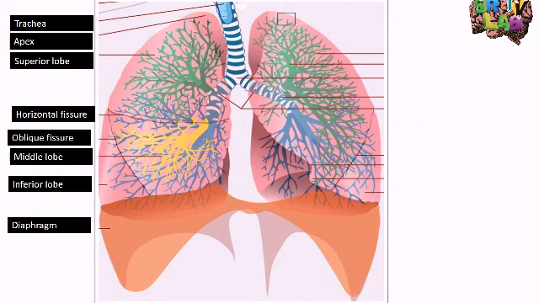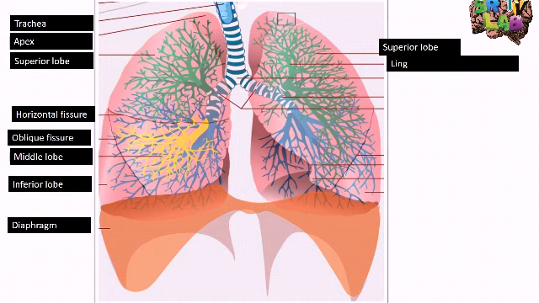Let's go on to the left lung. We start with the superior lobe. So guys, the left lung has two lobes, the superior and the inferior, while the right lung has three lobes: the superior lobe, middle lobe, and the lower lobe.